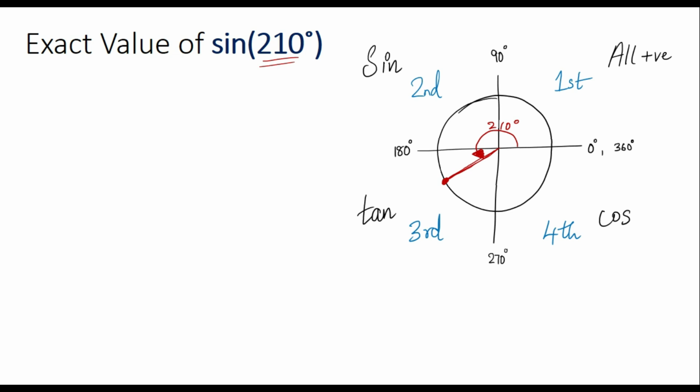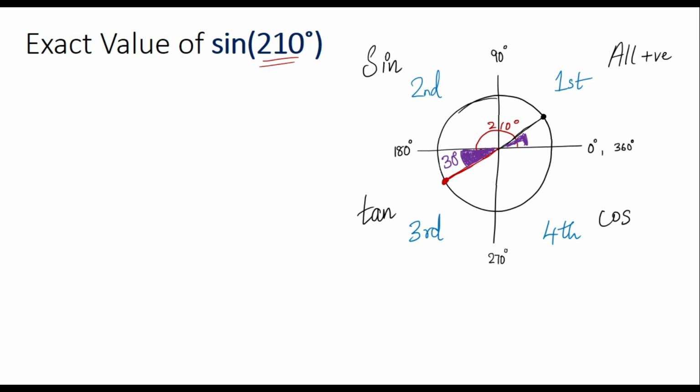Now we know that the sine of 210, as it falls in the third quadrant, is going to be a negative value. From 180, this acute angle here is 30 degrees, because 180 plus 30 gives you 210. This takes us to the same exact value with the positive sign here.